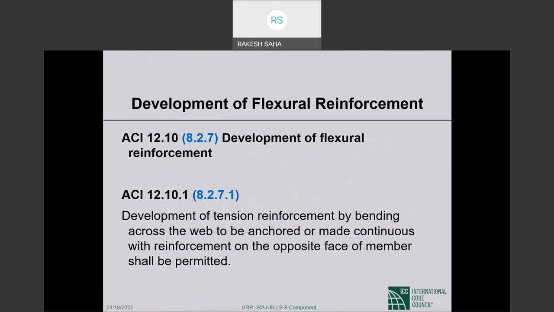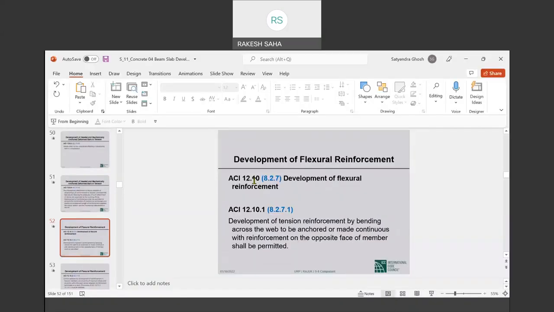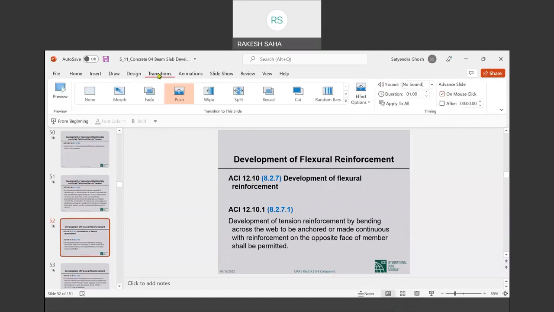Okay. Dr. Ghosh? Yeah. Do you want to disable the transition of slides on click? The mouse click. Oh, I see. Yeah, that would be good. Can you press escape from your keyboard? Okay. Yeah, go to transitions from the top. And advanced slide, do you see at the right? Advanced slide.